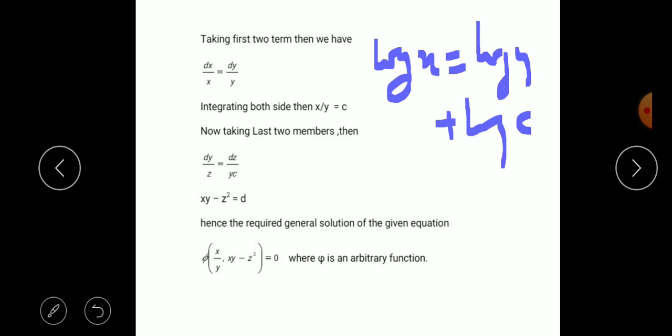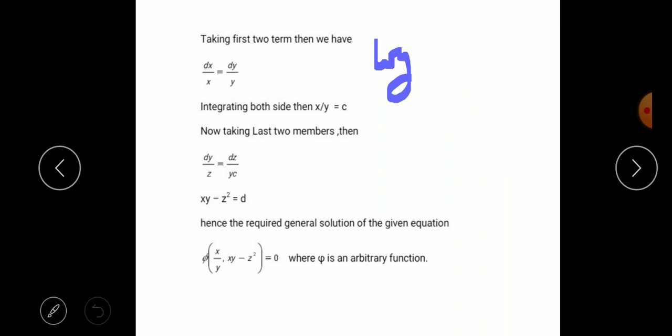Okay, so log x equal to log y plus log c, which means log x minus log y equal to log c, and you can write this as x upon y is equal to c.